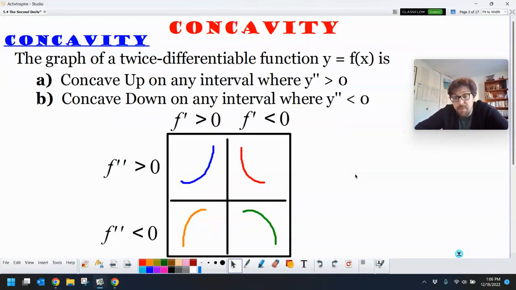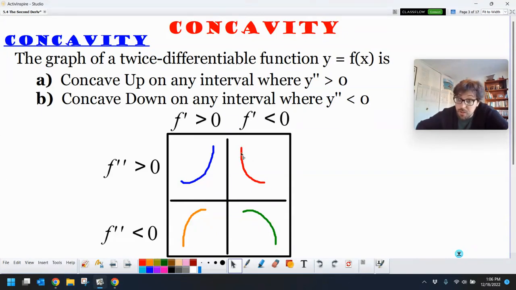Here's what I just said, but in words that are typed on the screen. We are concave up when our second derivative is positive and concave down when our second derivative is negative. Now remember, this does not have to do with increasing and decreasing. Here we are concave up and increasing because our first derivative is positive.